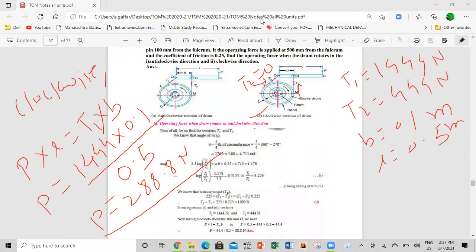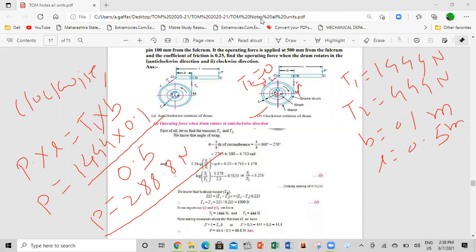Whatever is asked in the problem, we should solve using the different formulas. So you got the total problem, how to find the operating force in both conditions, anti-clockwise rotation of the drum and clockwise rotation of the drum.